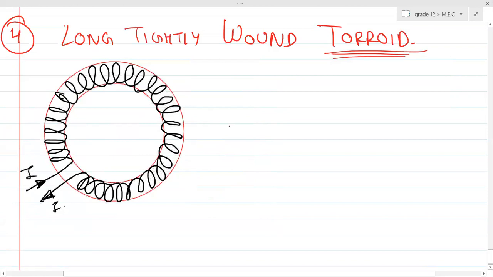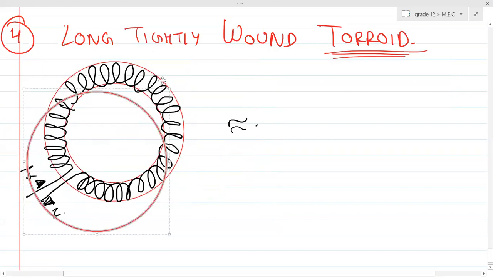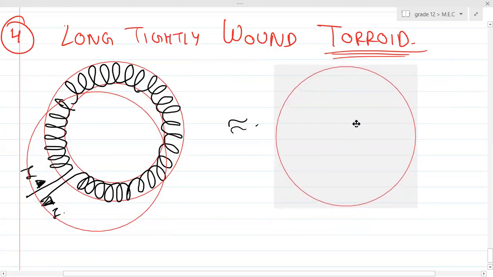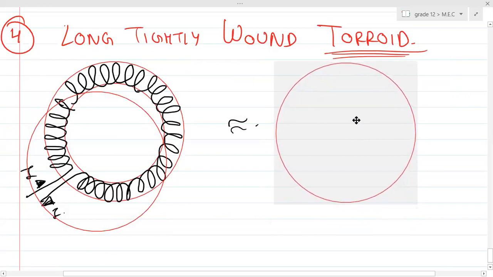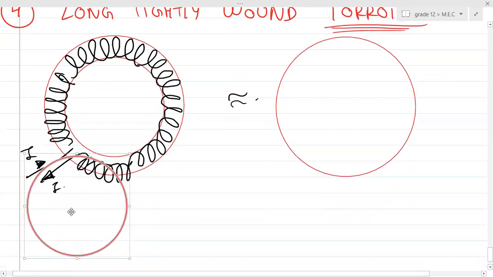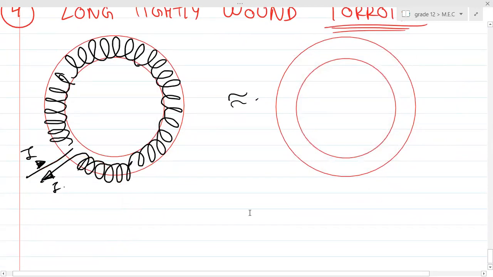So let us assume the current is going like this. If suppose this is the same two axis, so can I say from here that the current is going into the plane over here, or it is coming out of the plane from here?